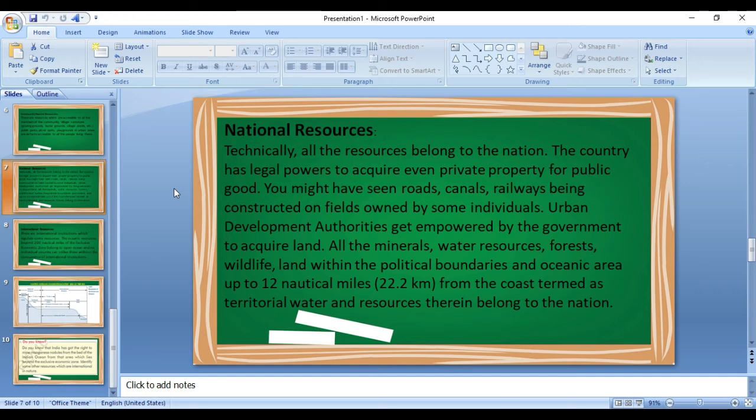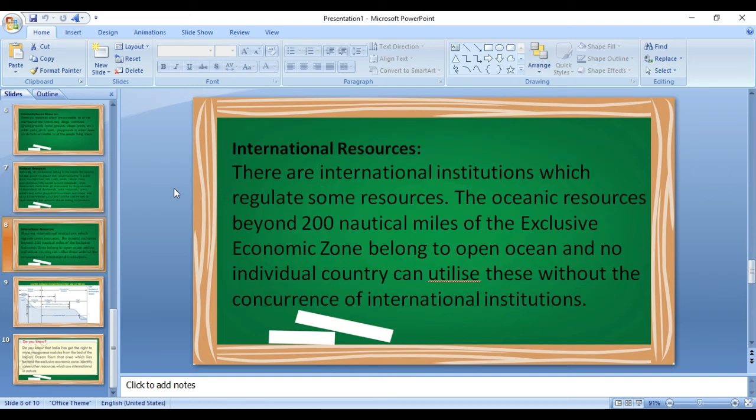From the baseline to 12 nautical miles in the sea, that water and that piece of land underwater is under the total control of India. If somebody tries to intrude into it, according to Indian law, that person can be punished or sent behind bars, right? Or proper action will be taken based on it.